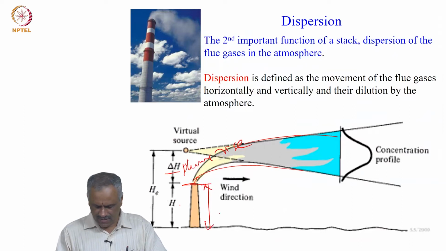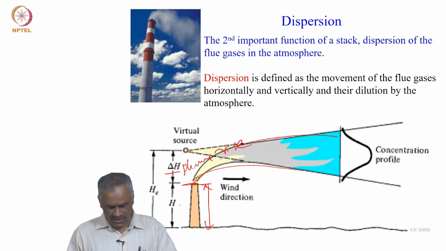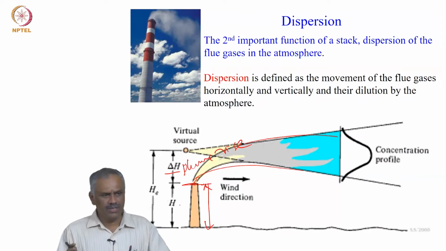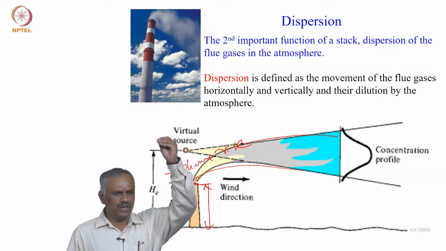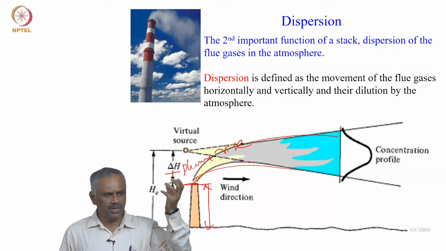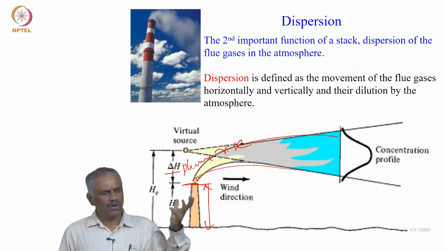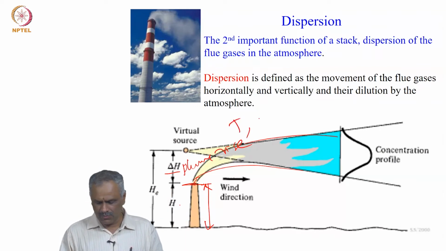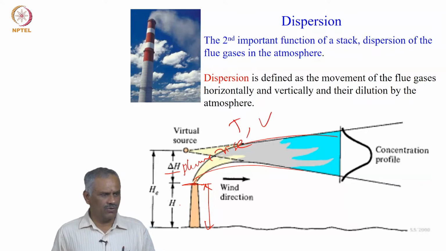This will be a couple of 100 meters, maybe 100 to 200 meters depending upon the location. The gases go up into the atmosphere because of their temperature. Buoyancy plays an important role, and apart from that the momentum. Buoyancy is temperature dependent, momentum is the velocity of the flue gas.